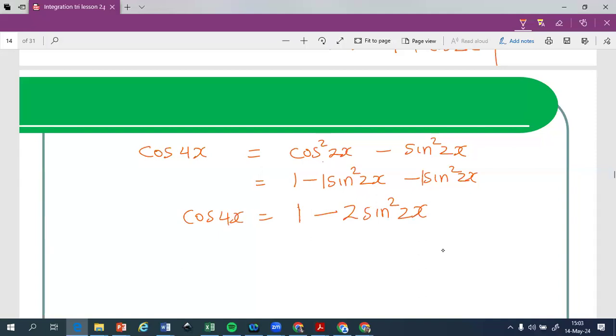Since I want sine squared 2x, I bring it to this side and take the other to that side. So this becomes 2 sine squared 2x equaling 1 minus cos 4x. Then I remove that 2 by dividing, meaning my sine squared 2x is the same as a half into 1 minus cos 4x.